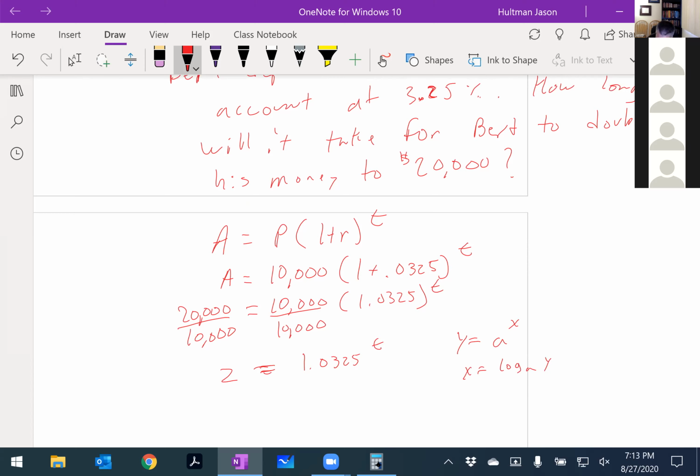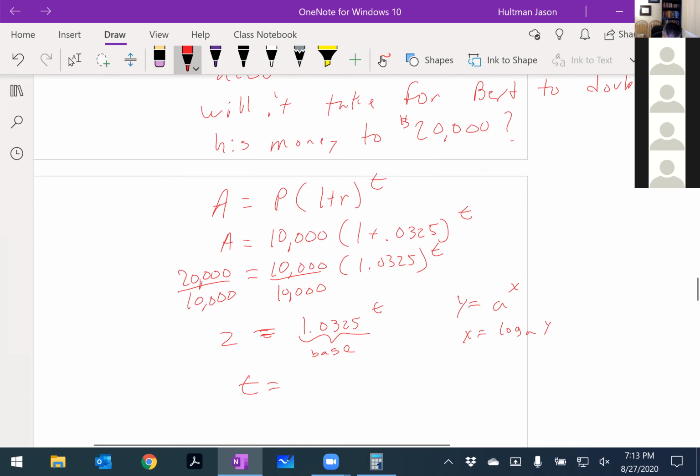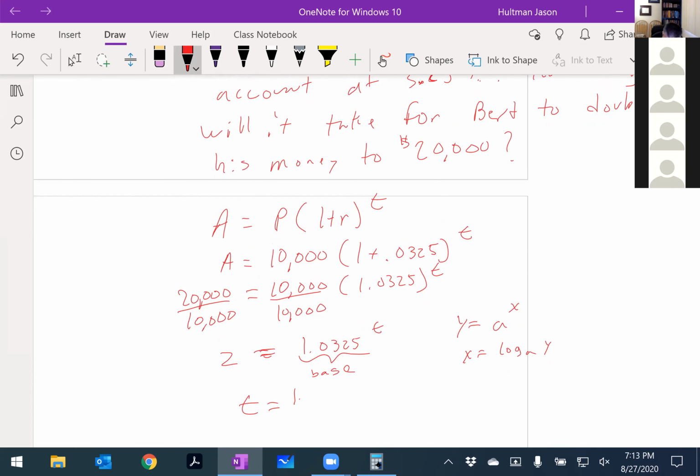I would let this guy be the base. And t is x in this case. So t is equal to the log base 1.0325 of 2.